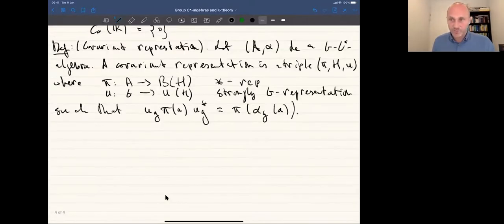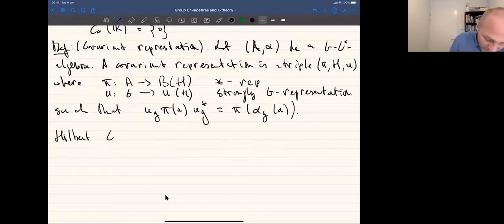I want to generalize this to Hilbert C-star modules now. So first introduce this notion. Hilbert C-star modules are, in operator algebra theory, quite fundamental objects, which is why I think it's useful to briefly discuss them here.